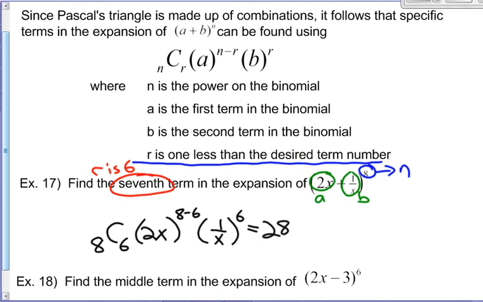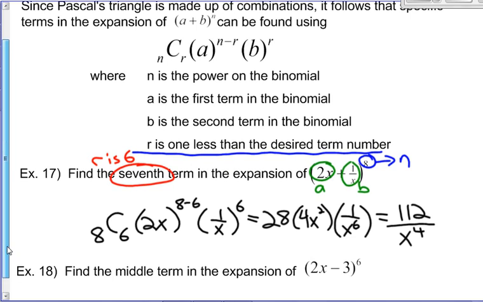So 2x all squared would make 4x squared. And 1 over x to the 6 would be 1 to the 6, which is 1 over x to the 6. Okay. Put that all together. 28 times 4 makes 112 over x to the 4. You might say, well, that's a little bit painful. Yeah, but compared to doing the full expansion of that whole thing, which would need the 8th row of Pascal's triangle, this is way, way slicker.